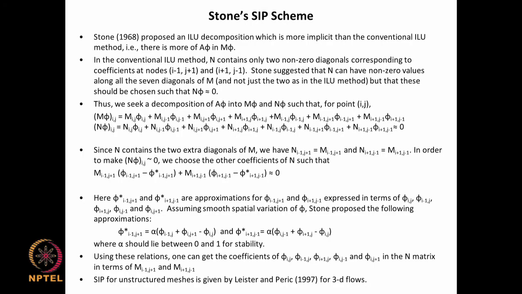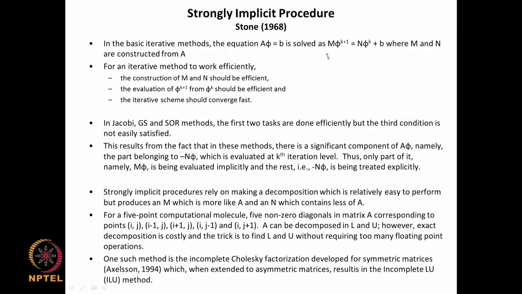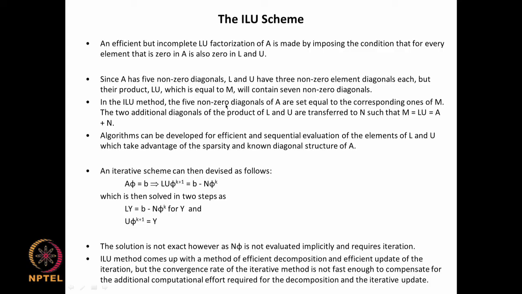And this is one such idea which is a variant of the incomplete LU decomposition method, which itself is a clever variation of the basic iterative method, wherein you are trying to do the decomposition quickly and fast and get a more implicit solution. Okay.